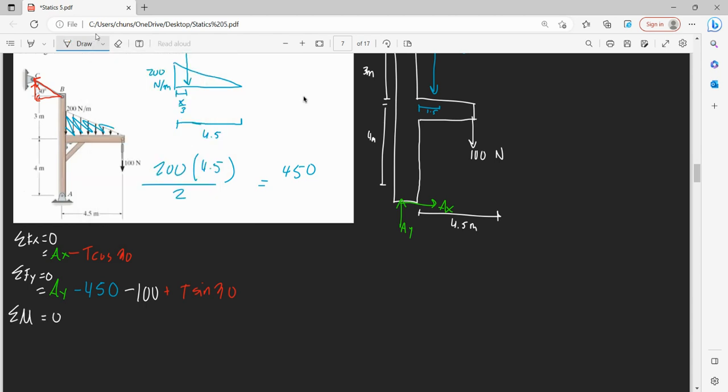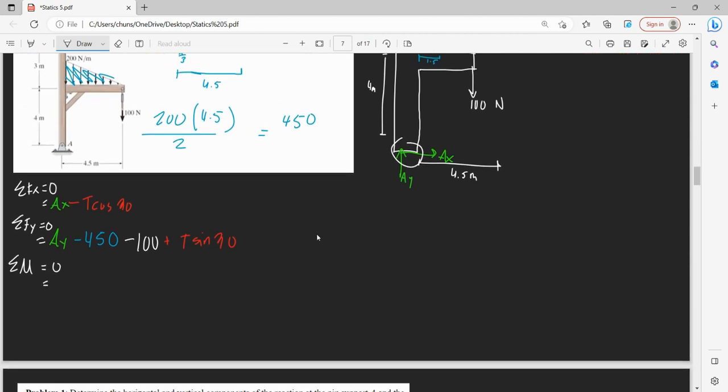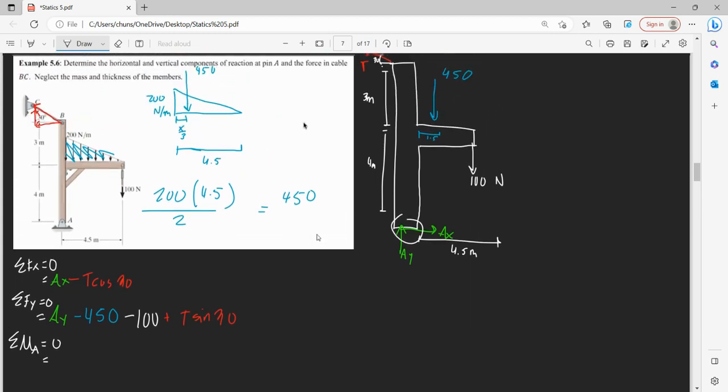For our moment, which point do we want to select? I would select A because it has the most things going through it. So we're going to set this about A. Okay, so some things we can eliminate.